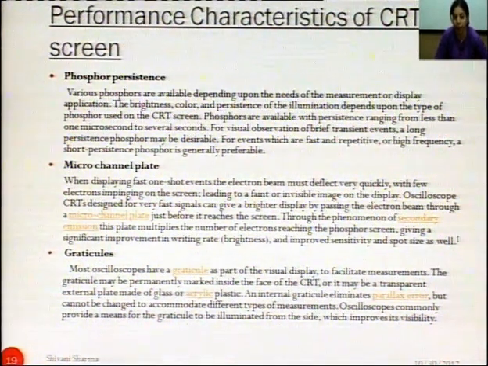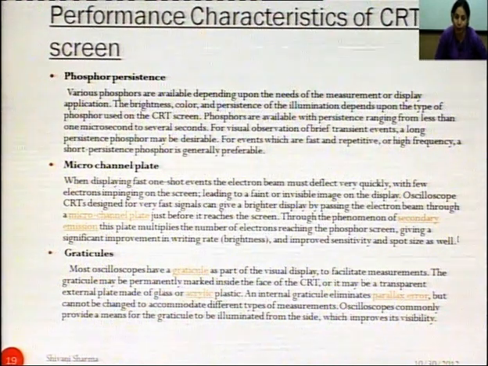This plate multiplies the number of electrons reaching the phosphorus screen, giving a significant improvement in writing rate, and improves the sensitivity and spot size as well.